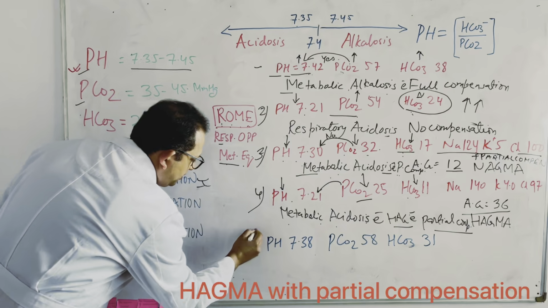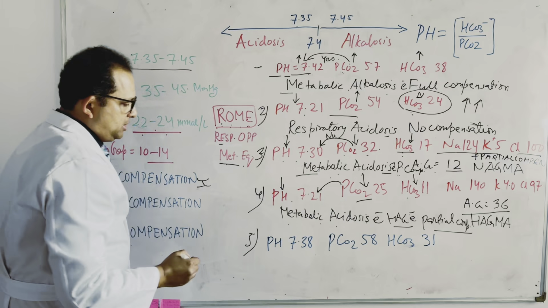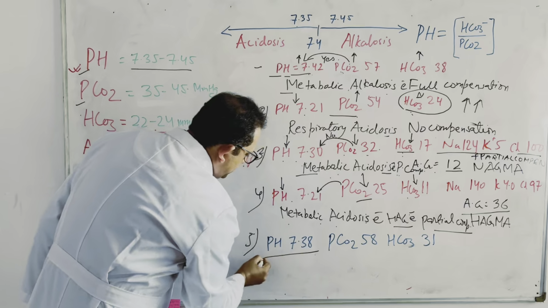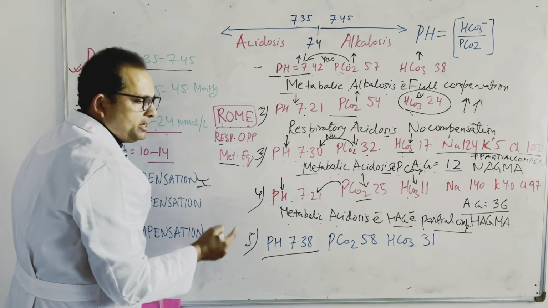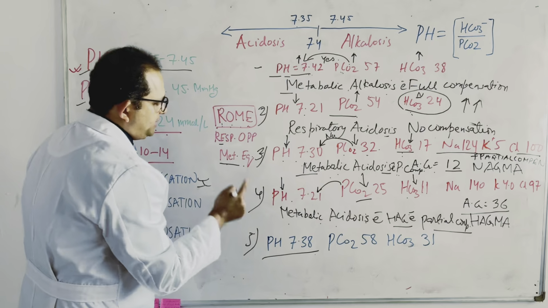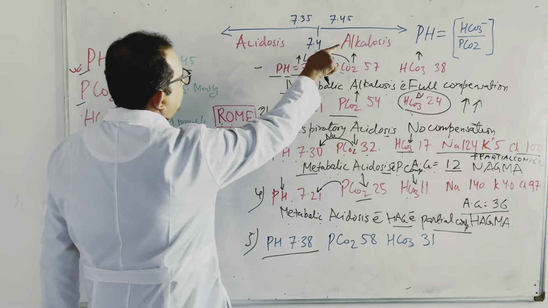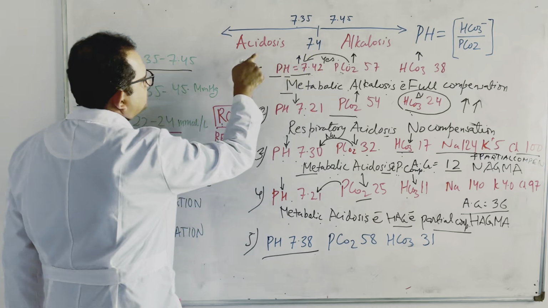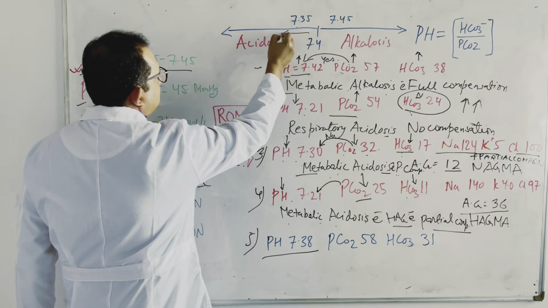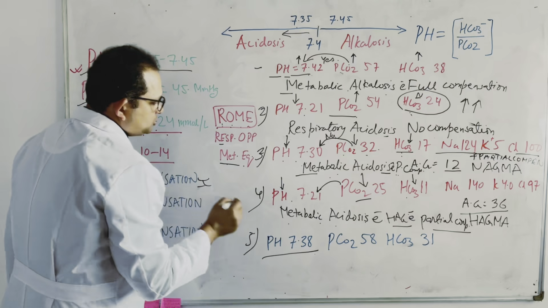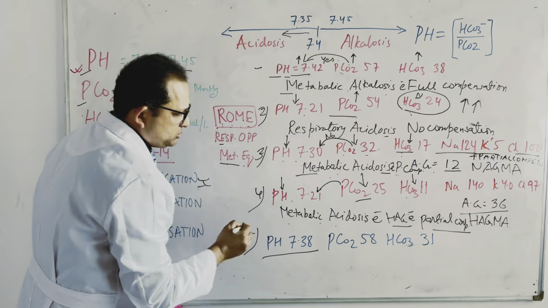Now let's come to the fifth report. pH is 7.38. Is it normal? It is actually normal, but it is towards the acidosis side rather than the alkalosis side. So the diagnosis will be acidosis.